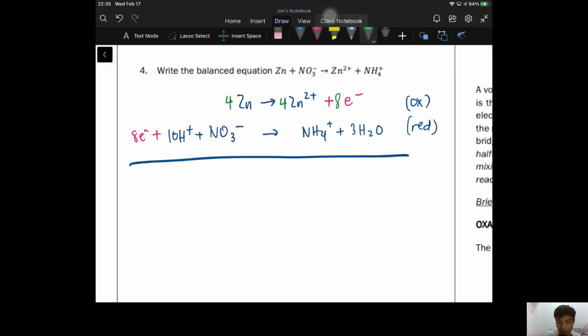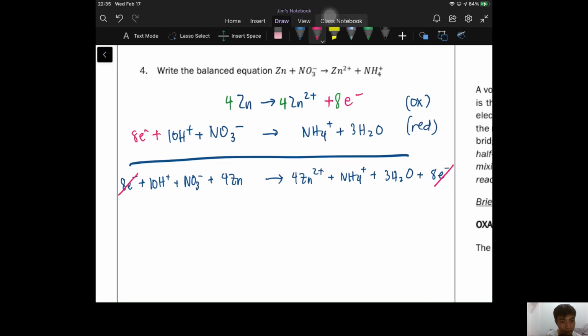Okay. So with that, we can now combine all the species there. Pag-add na natin sila, 8 electron, 10 H plus, NO3 minus, 4 zinc. Then on the right side, we have 4 zinc 2 plus, NH4 plus, 3 H2O, and 8 electron. Okay, so again, electrons can be cancelled out.